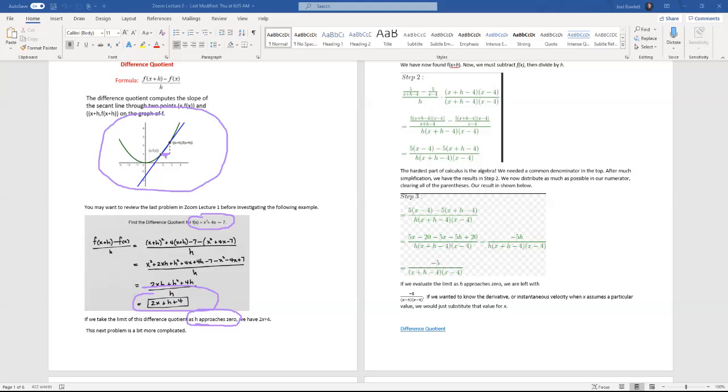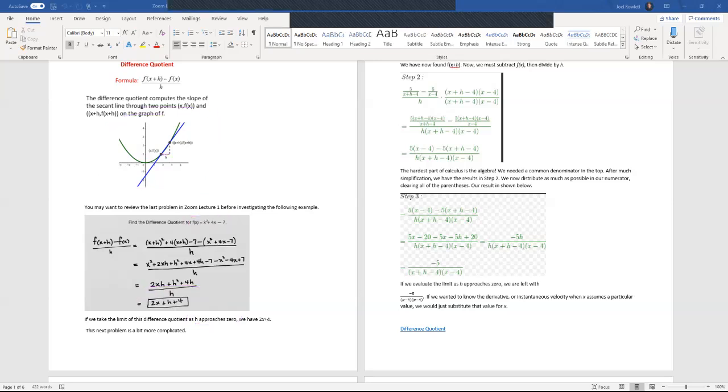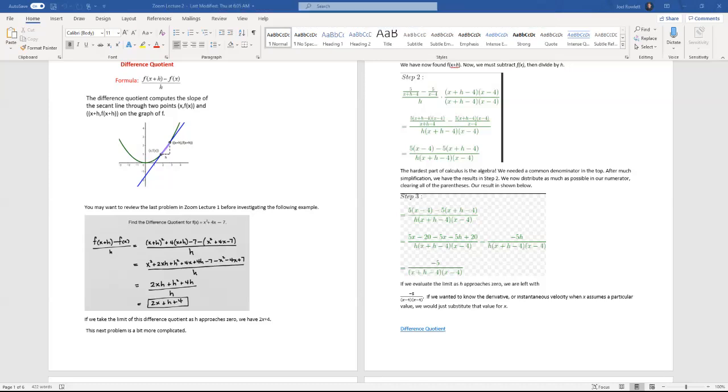What would cause the horizontal distance to disappear? In order for that to disappear, this point here at the top would have to move along the graph and converge to this point here. In other words, when the top point touches the bottom point, h would be going to 0. So keep that in mind as we progress through the next problem.